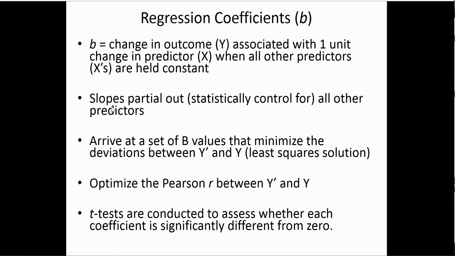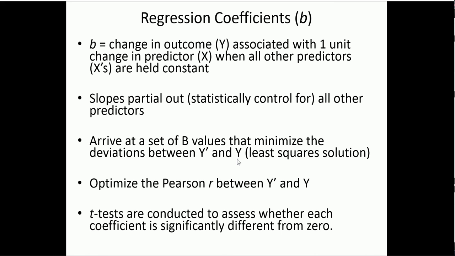Now this will still allow us to arrive at a set of unstandardized coefficients that minimize the squared deviations between the predicted score and the actual scores. So it is still a least squares solution. It's still ordinary least squares regression.